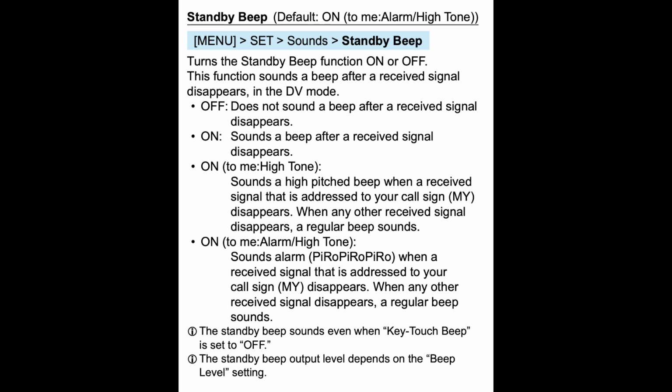Standby beep. And the default is, to me, alarm high and tone, which is what I use. I know when I'm recording, I have to turn it off, especially if the radio is on next to my recording equipment. So it basically allows you to have an identifiable tone when you are receiving a call, and when there's a call made directly to your call sign.